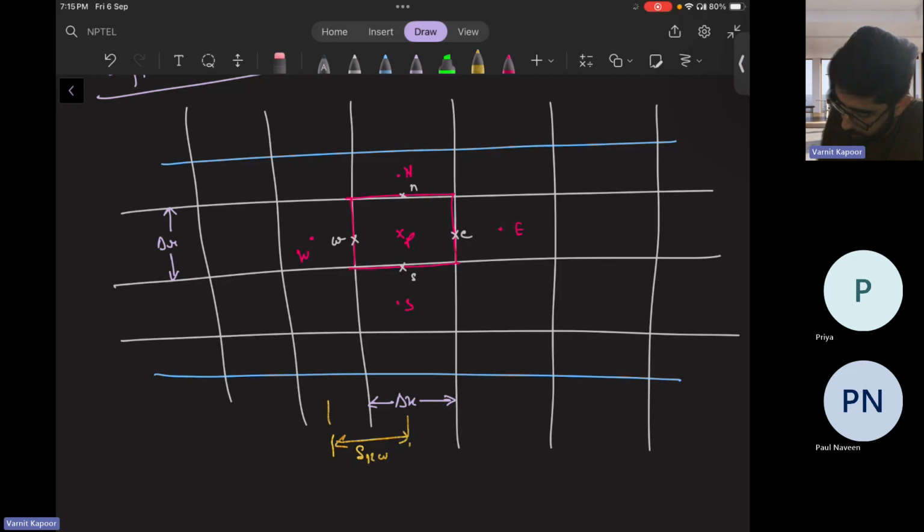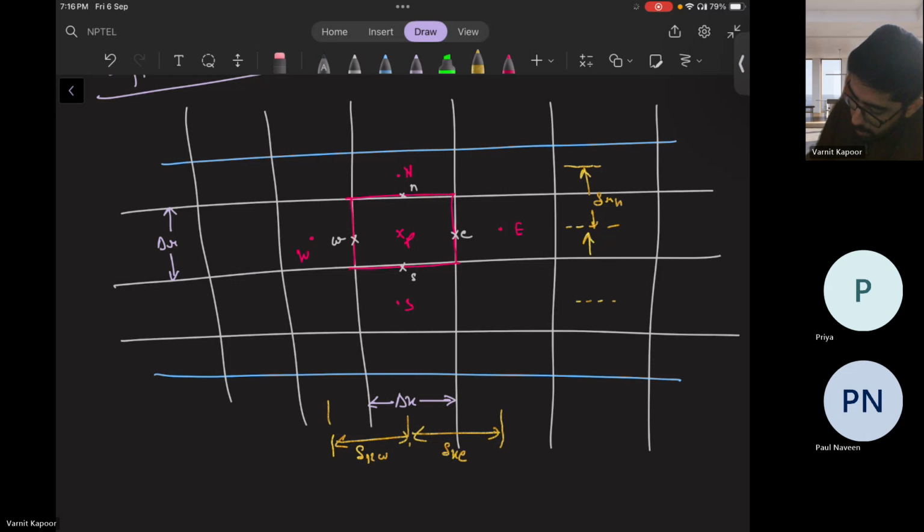And this will be how much? Del x east. And this will be how much? Del r north. This will be how much? Del r south.